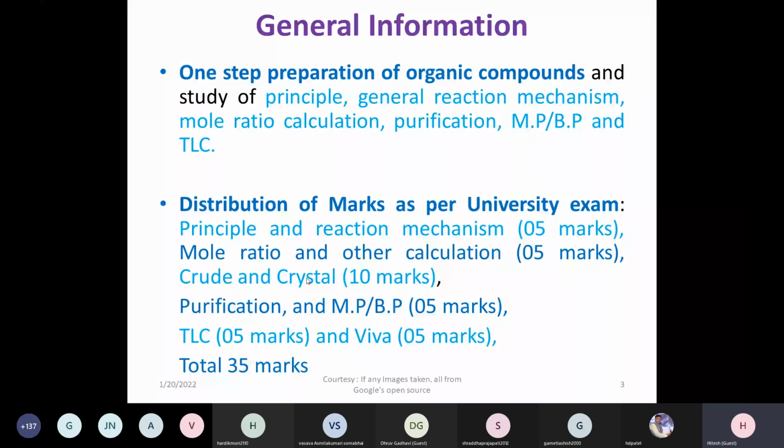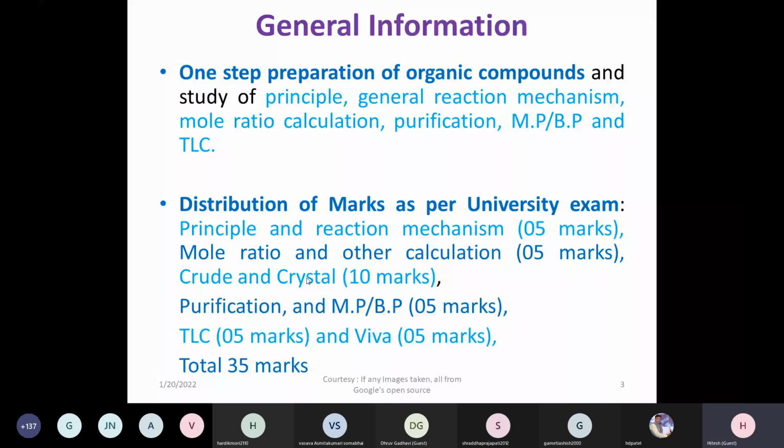As per the syllabus, it is a combination of organic and inorganic. Paper 405 is associated with organic and inorganic chemistry. Organic chemistry has 35 marks and inorganic chemistry has 35 marks, so the total is 70. Similarly for the internal exam, out of 30, 15 marks are from organic and 15 marks from inorganic.